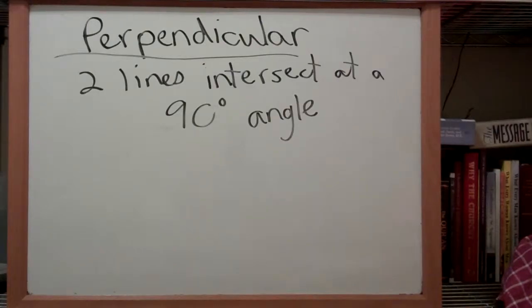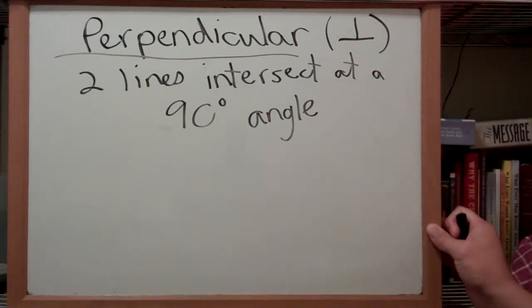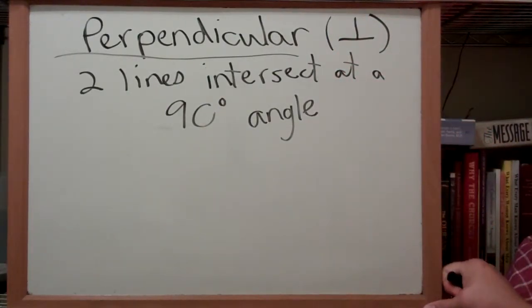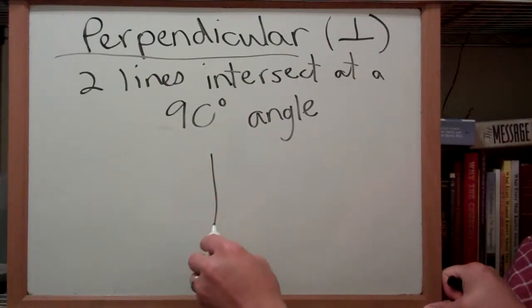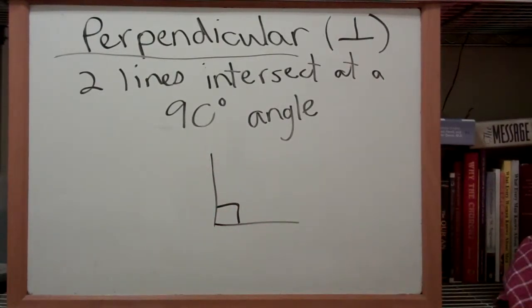Okay, so two lines that intersect at a 90-degree angle. And the symbol for perpendicular is an upside down T like that. And anytime you see a symbol with the box like this, that indicates that you have a 90-degree angle at that intersection.